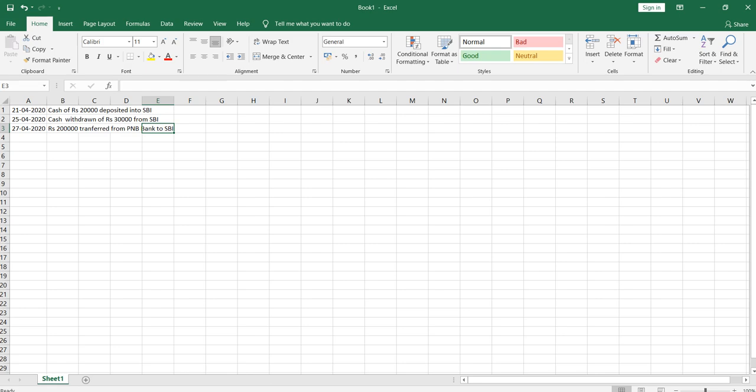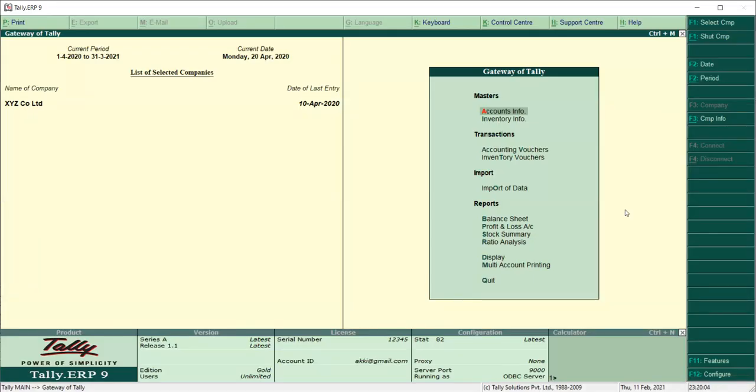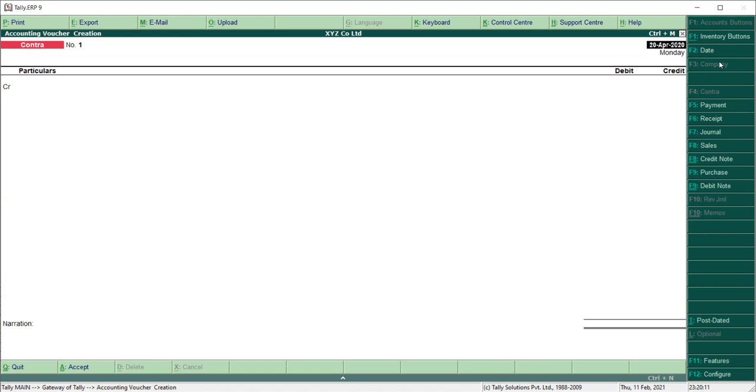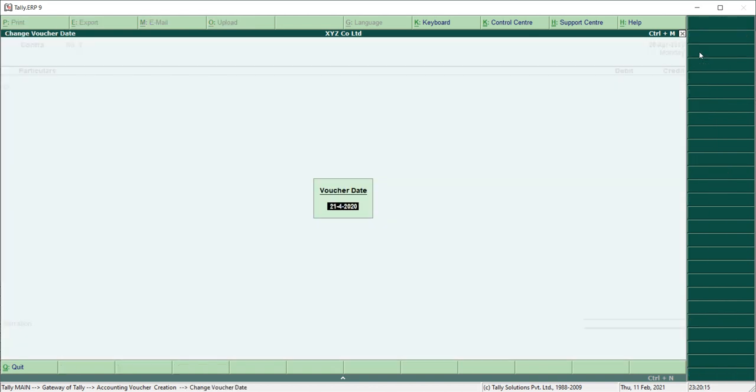So let's go to Tally and do the entries. First, we go to accounting vouchers. We change the date to 21/4/2020.